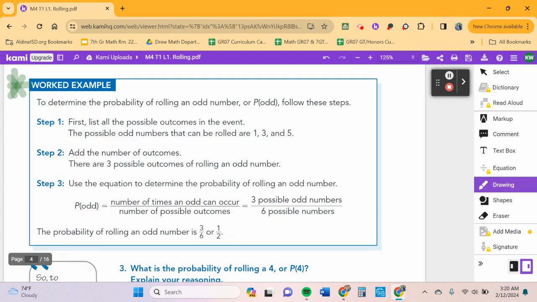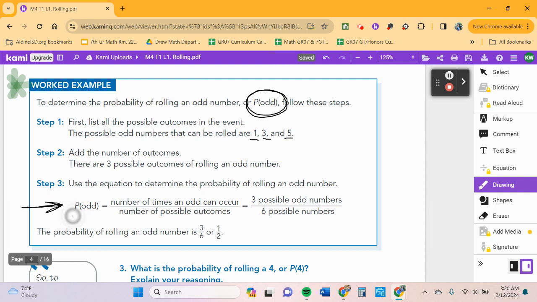Alrighty, now that you've had time to read and annotate your worked example, we're going to look at questions number 3 and 4 to apply what we just read. So in the worked example, they found the probability of an odd event. Using the same 6 sided number cube, they found that there were three possible outcomes, 1, 3, and 5, and they simply used the formula to write their probability.